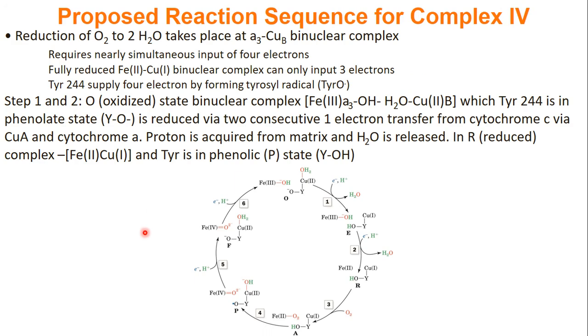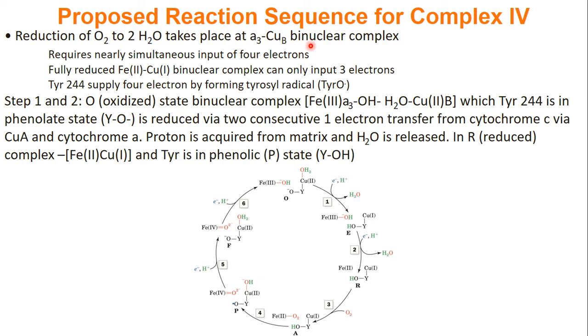Now let's look at the currently proposed reaction for how electrons move through complex 4. Remember, we're taking O2 and reducing it to water, and this is at our A3 copper B binuclear complex that we saw in the previous photo.